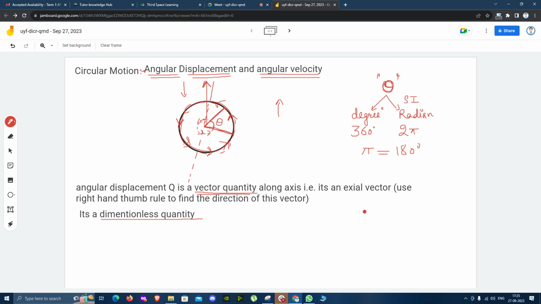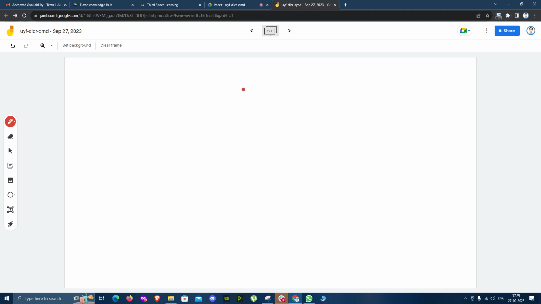So let me make a circle again here, and in covering a full circle, let's say it has radius r, and theta in this case is the angular displacement, and the linear displacement is s. Let's discuss one full circle. If you cover one full circle, how much will you be covering?